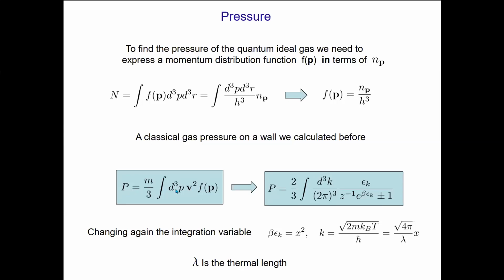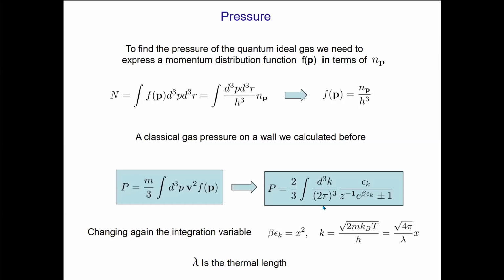Okay, so this is basically the same integral with the occupation numbers substituted. This mv squared becomes the energy of the particle. This is the occupation number. And this is the three-dimensional integral over all possible momenta in the phase space. Again, we do the same change of variables as we did on the previous slide.